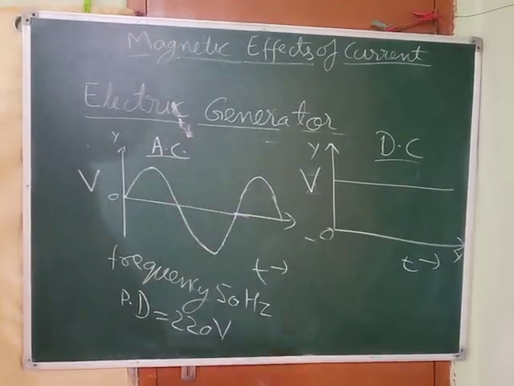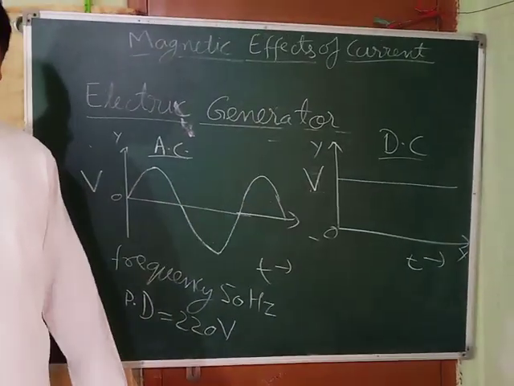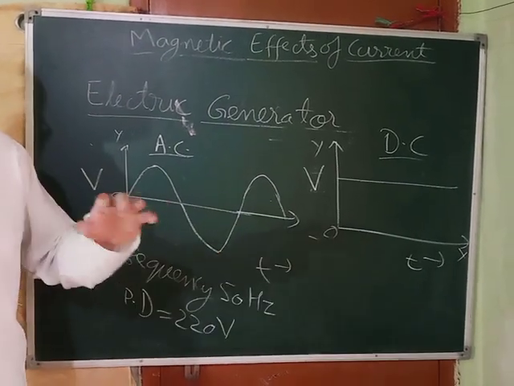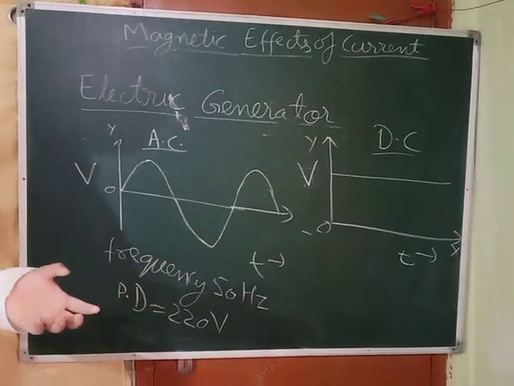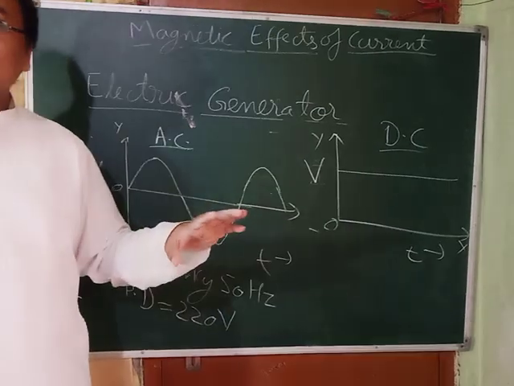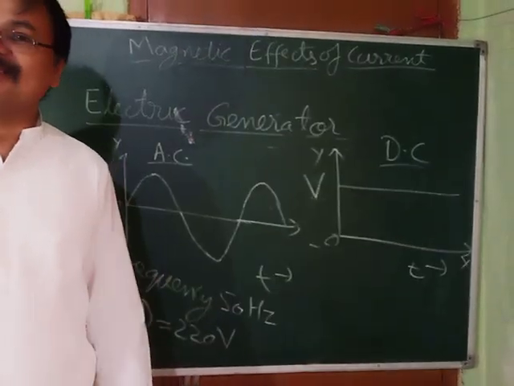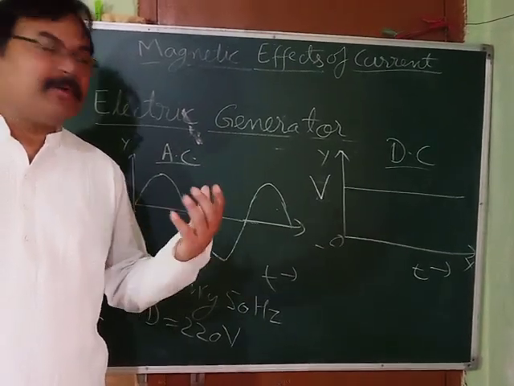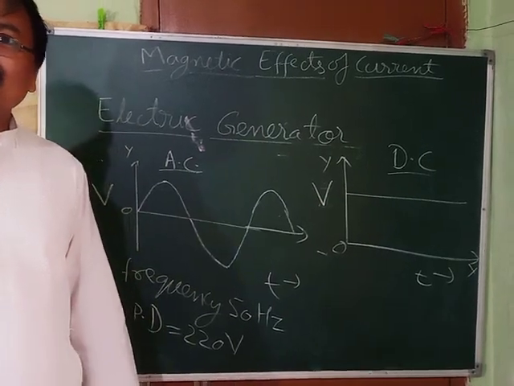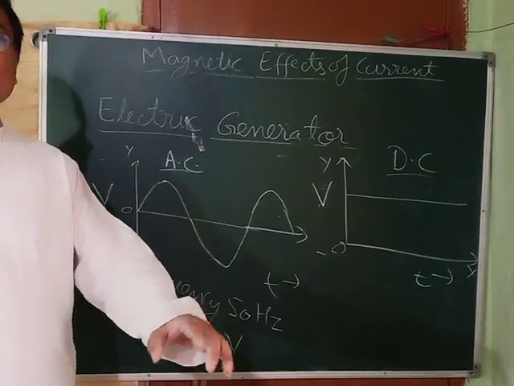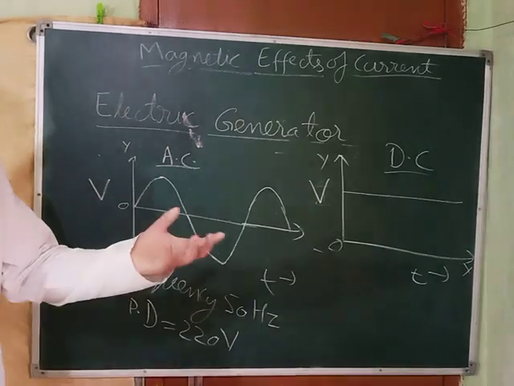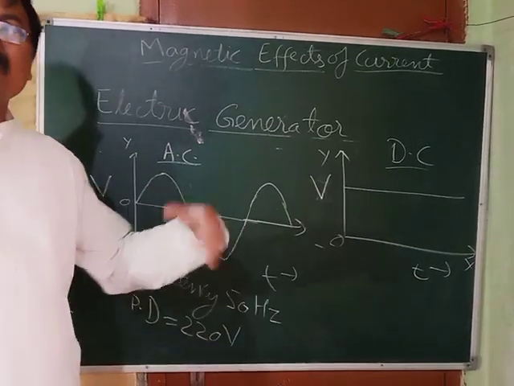Clear? You have seen the construction of generator, no? Same is the construction of that turbine. The turbine is connected, similar to a generator, and it produces electricity. And that's why turbine is rotated, because you have to rotate the coil. What about the generators which are used in our houses or in the offices or in the marriage parties?